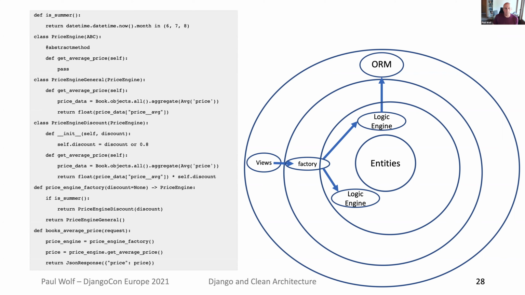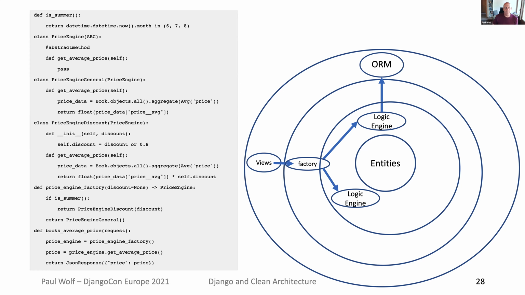So what I'm doing here is I've got a factory function that will be in a different module, by the way, and it's going to get me a pricing engine. And I have an interface, an abstract interface that will define what that pricing engine looks like. So that's my abstraction. And in the view function is the very end.